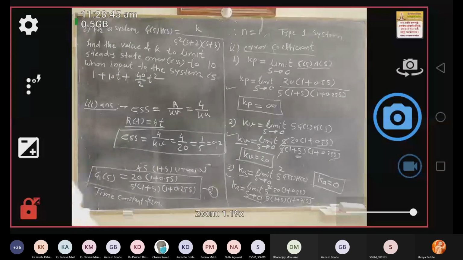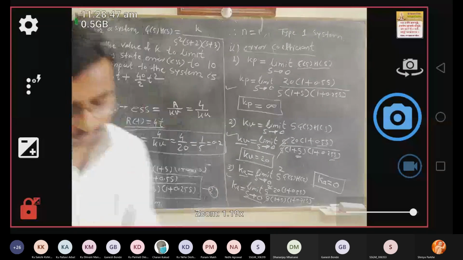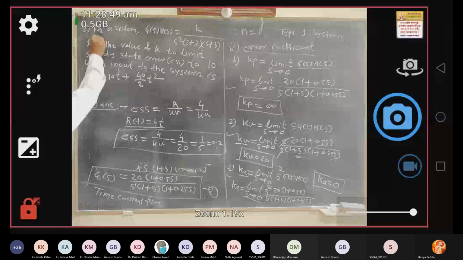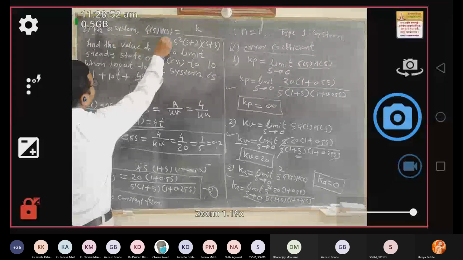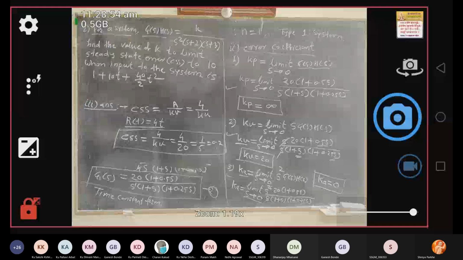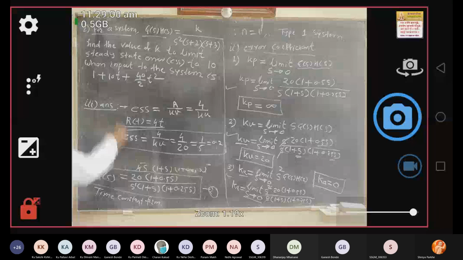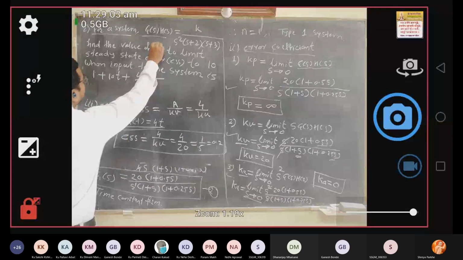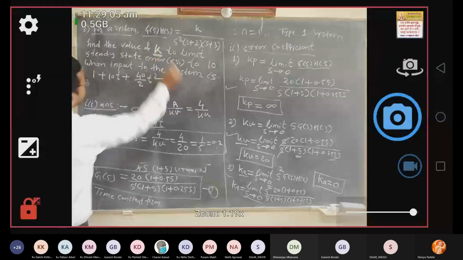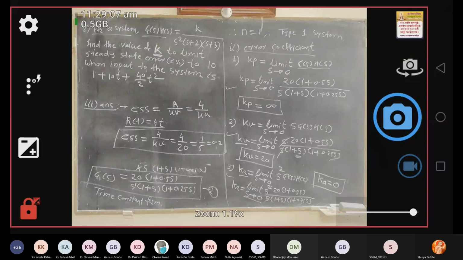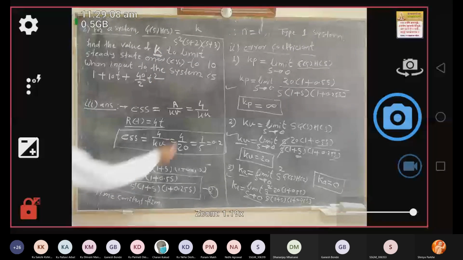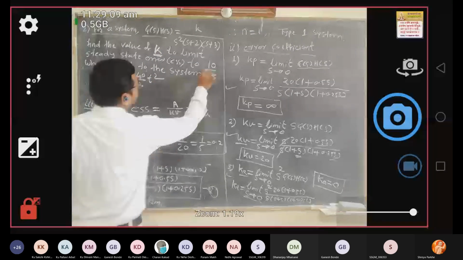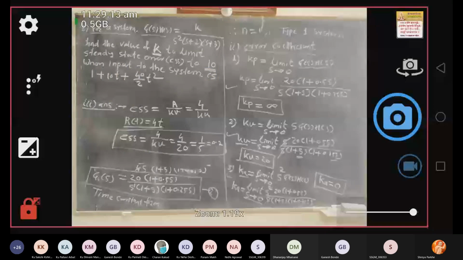So this is the problem. For a given system, that is open loop transfer function G of S into H of S will be given to you. So that is K upon S square plus S plus 2 into S plus 3. So for the system, find the value of K. Here we have to find K to limit the steady state error ESS to 10 when input to the system is 1 plus 10t plus 40 by 2 into t square.